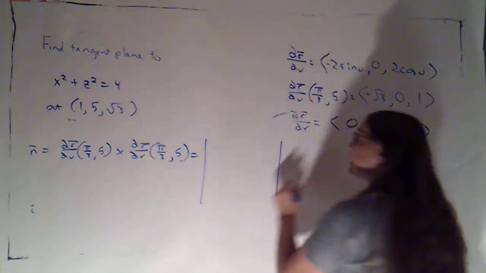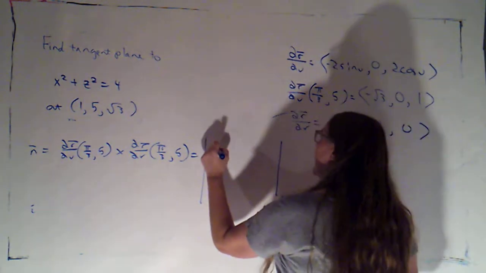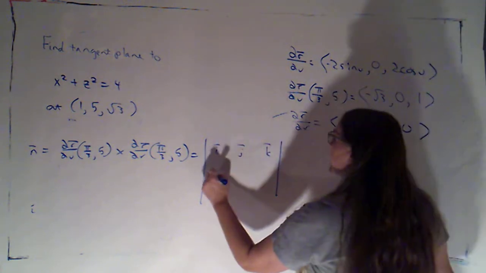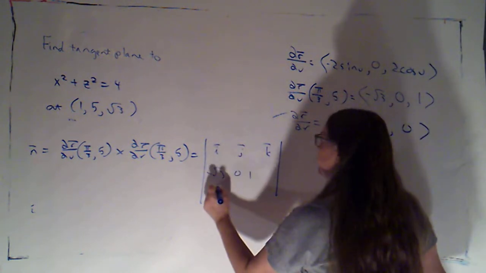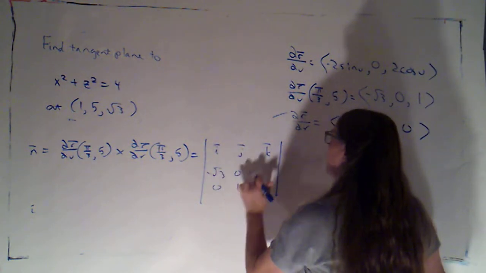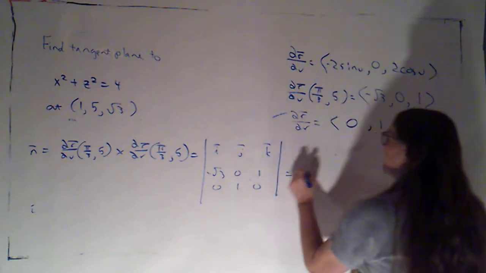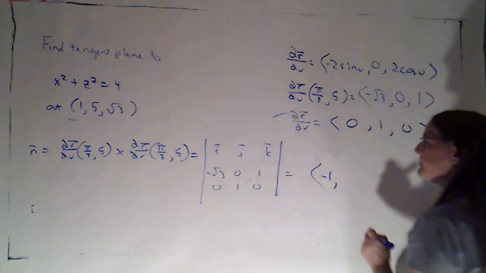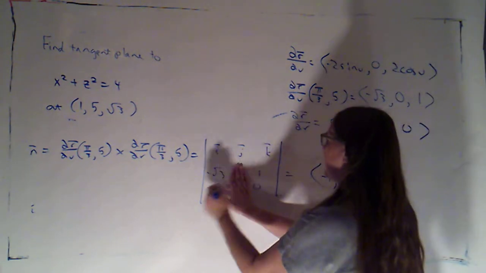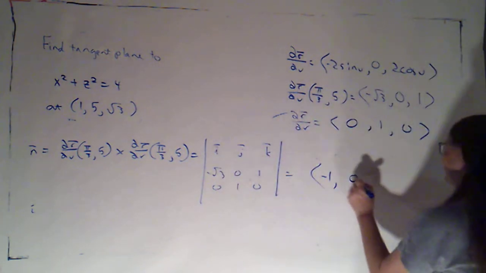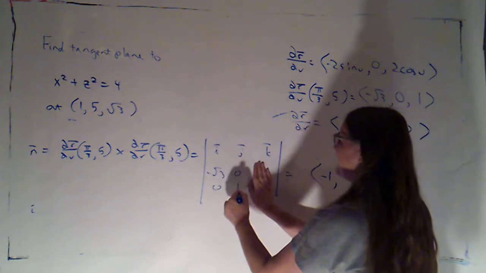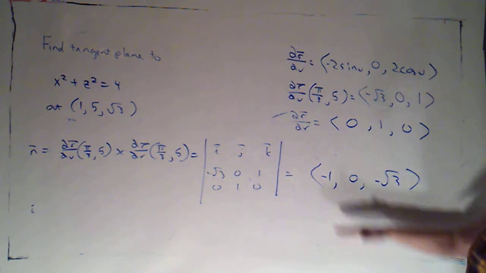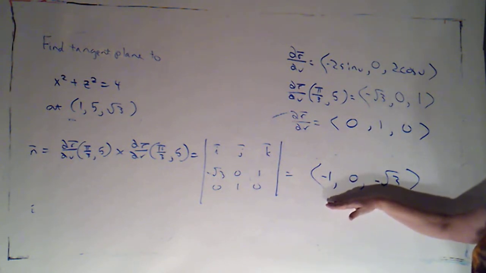That's the symbolic determinant i, j, k, negative root 3, 0, 1, 0, 1, 0. So for the i's, I'm getting nothing minus 1. For the j's, I'm getting nothing minus nothing. And for the k's, I'm getting a negative root 3. So, this is my normal vector.